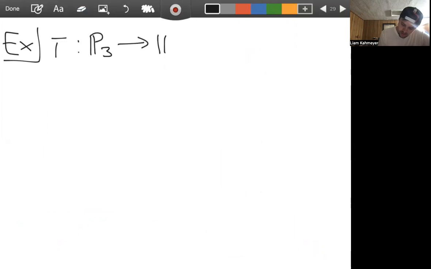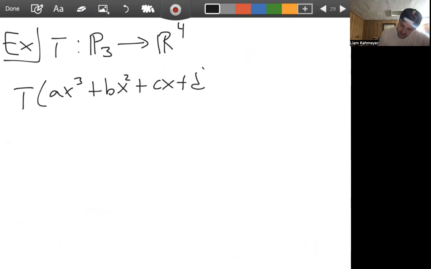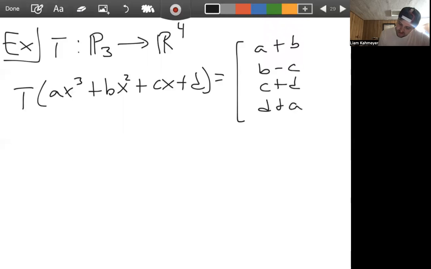So let's do an example, because this could seem kind of abstract and confusing. Let's look at a transformation T from P3 to R^4, given by T of ax cubed plus bx squared plus cx plus d is equal to (a plus b, b minus c, c plus d, d plus a).